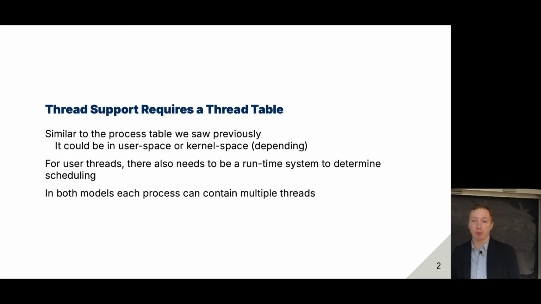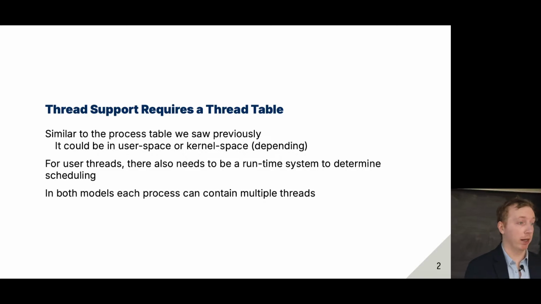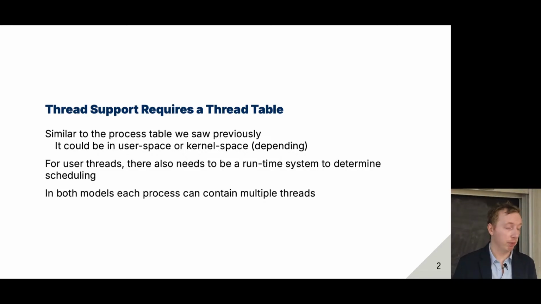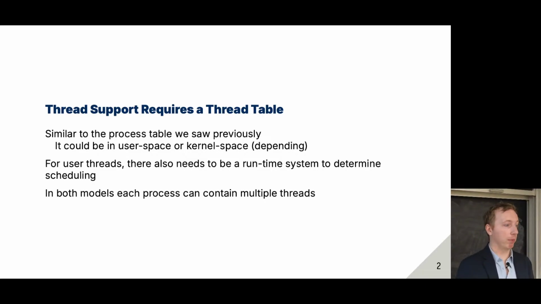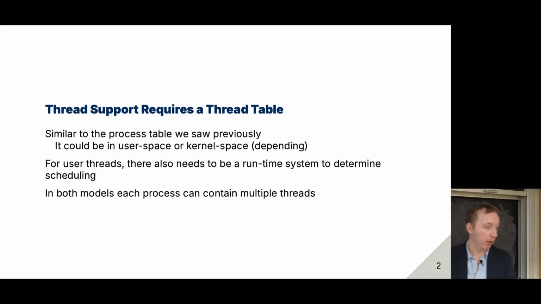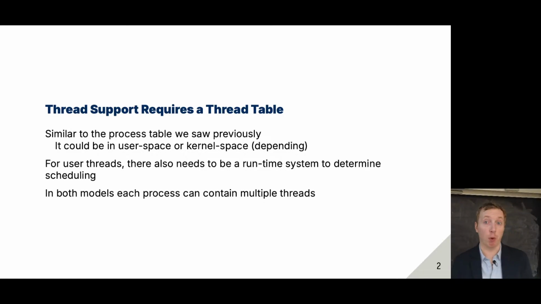No matter what implementation you use, like before with processes where we had a process table or a process control block, thread support requires some type of thread table. This could be in user space or kernel space depending on the implementation.